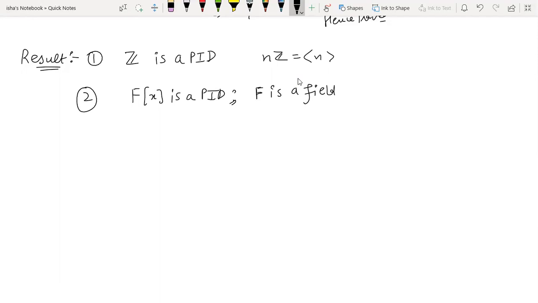In those you can apply this result to find out the elements which are prime. So the same elements will be irreducible. Right? So that proves this result.